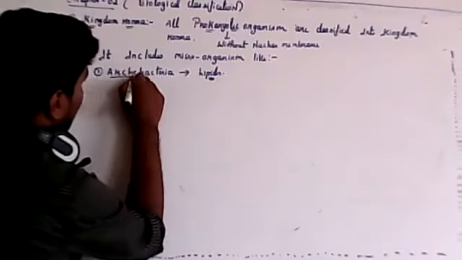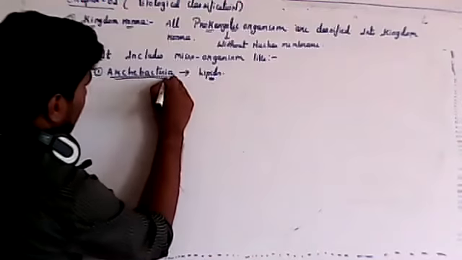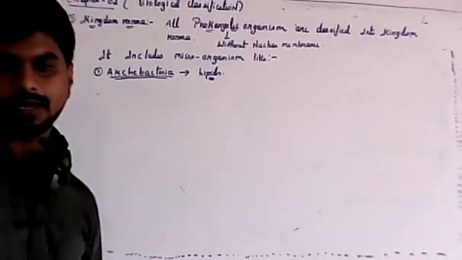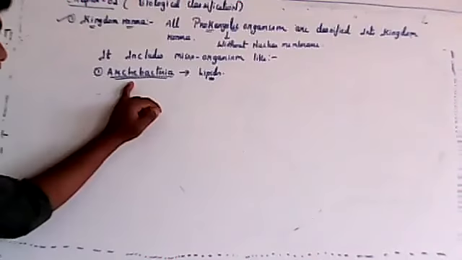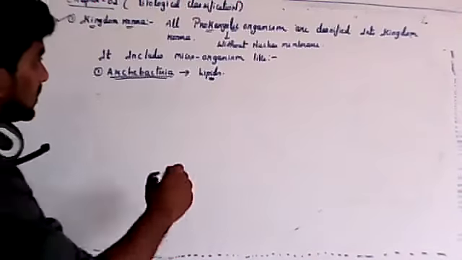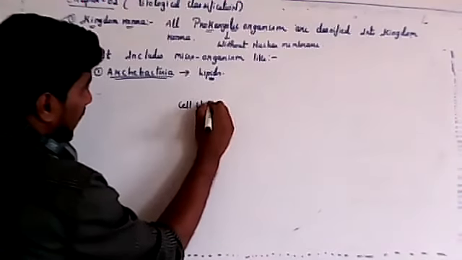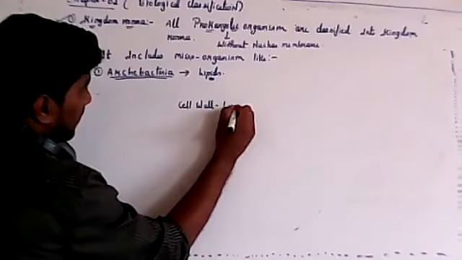These are the first to colonize the planet. Before bacteria, there were archaebacteria. Their cell wall is not made up of peptidoglycan; it is made up of lipids.